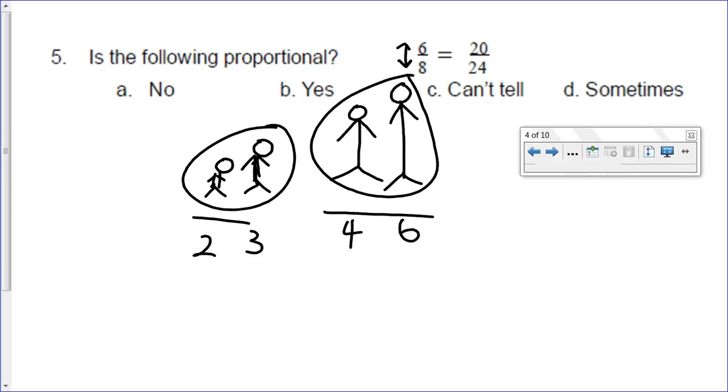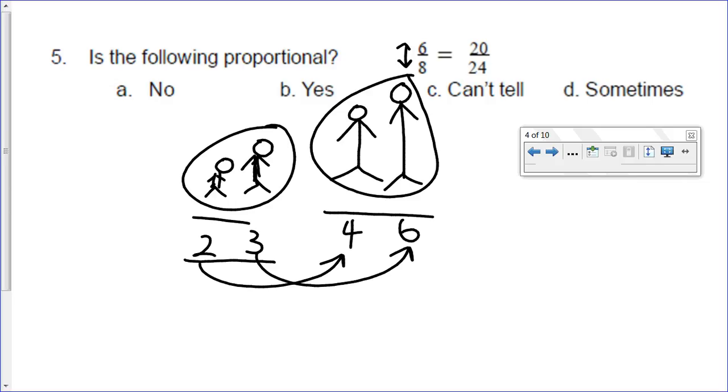Now you can kind of see, if we multiply both of these by 2, so if we multiply 2 by 2, we get 4, and if we multiply 3 by 2, we get 6. So by a factor of 2, if we multiply both of these by 2, we wind up with the height of the adult.